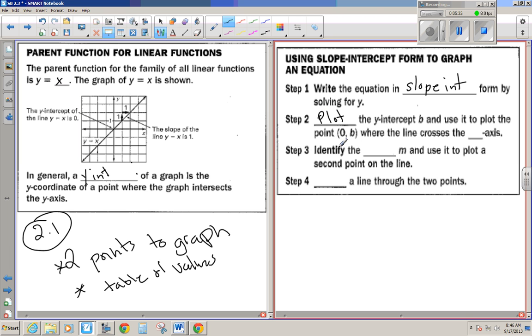Use it to plot the point (0, b), where the line crosses the y-axis. When x is 0, that's the y-axis. Identify the slope, m, and use it to plot a second point on the line. And all you have to do is draw a line through the 2 points.